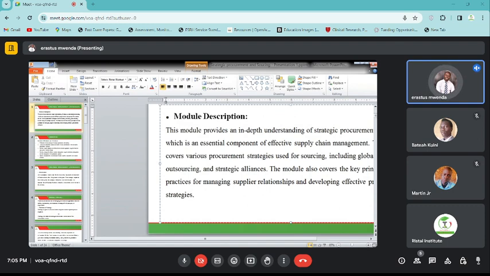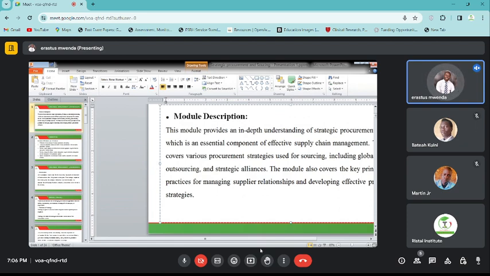We will be focusing on various issues, for example, global sourcing, outsourcing, the formation of strategic alliances. So by the end of this particular module, you will be able to understand key concepts in strategic procurement. We will be defining and understanding all what that means.